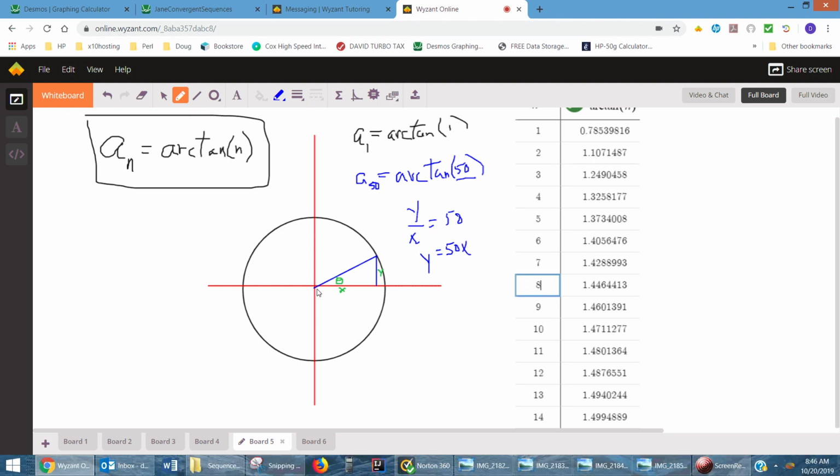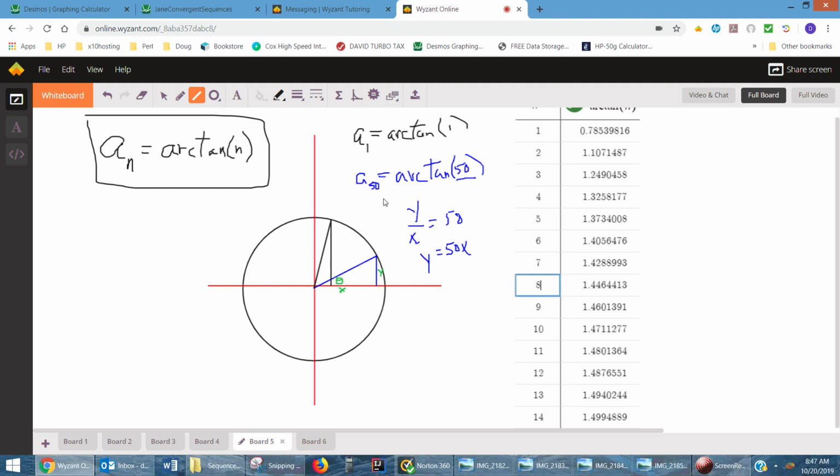Which means that I would have to have a triangle in here where the y value was 50 times bigger than the x value. So I could probably picture a triangle up here. And maybe that y value right there is 50 times bigger than that x value.